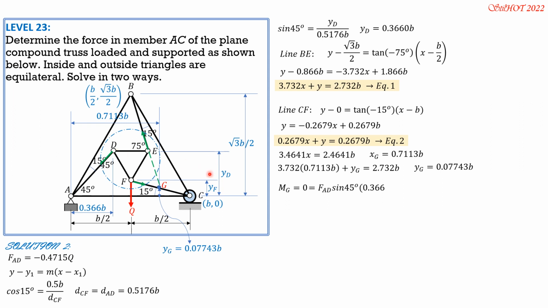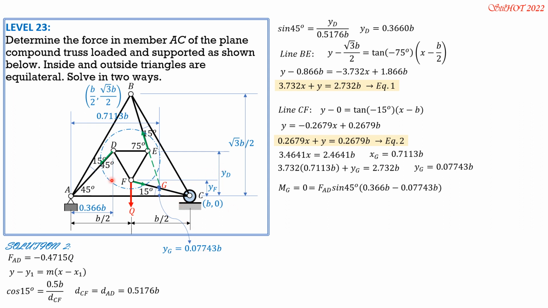Then the moment arm is YD minus YG, this vertical distance here. This is YD, this is YG. So I hope you understood the moment arm. This vertical distance of D from G is YD minus YG.